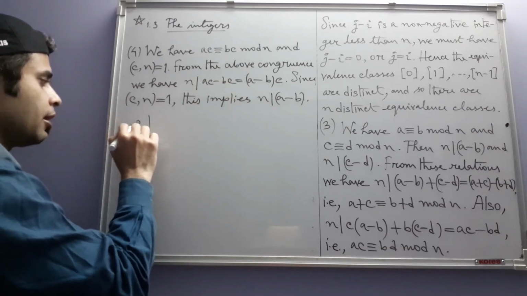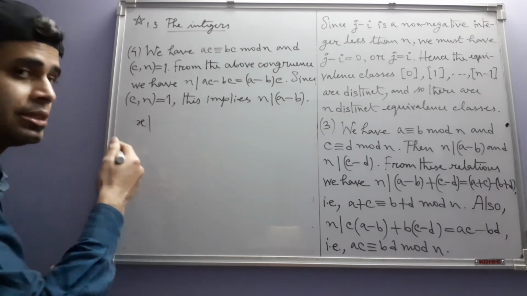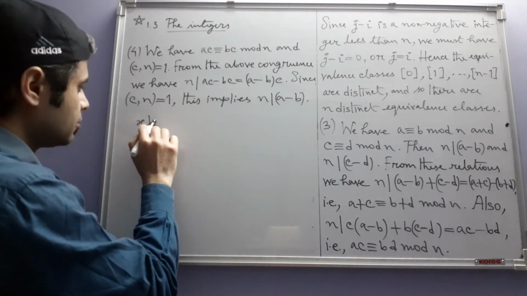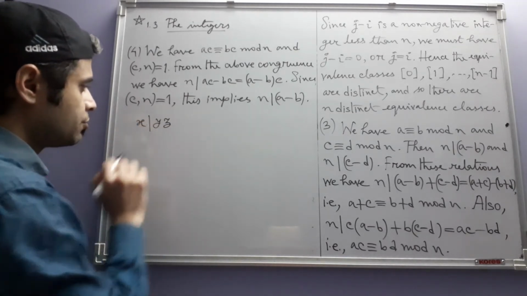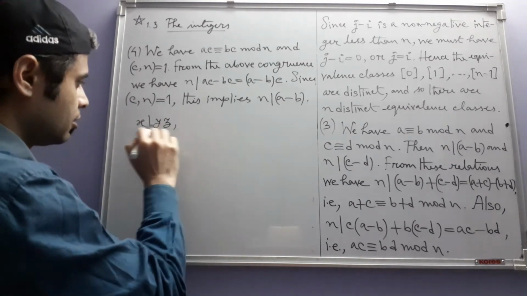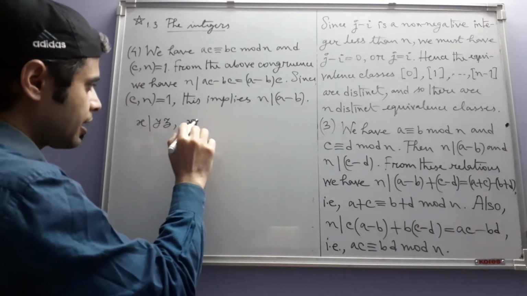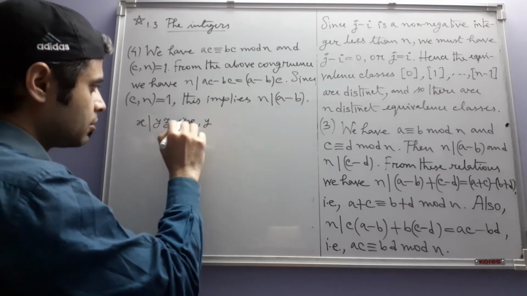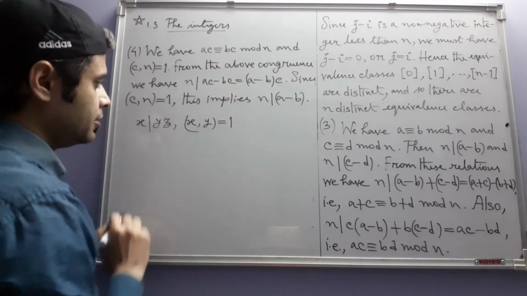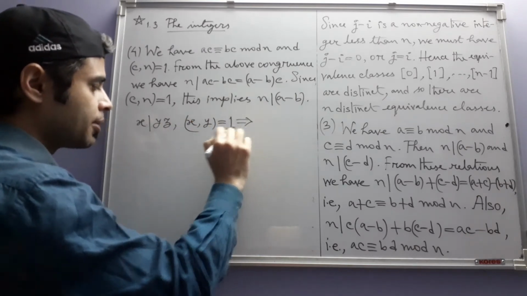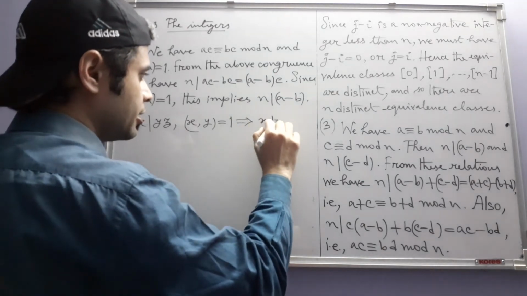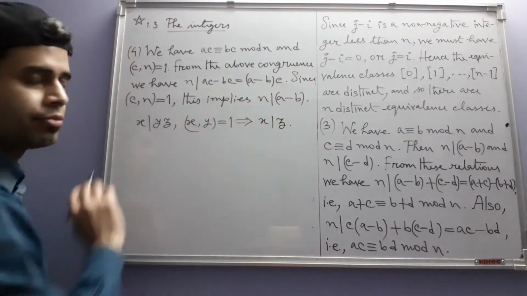If a number x, where number means integer, divides a product of two numbers y and z, and x happens to be relatively prime to y, then this implies x divides z. This is the result we have used here.